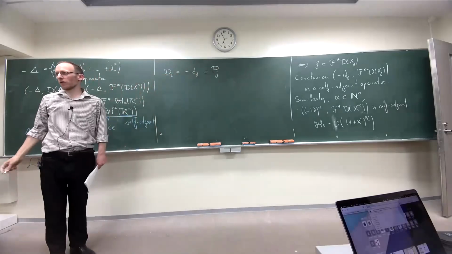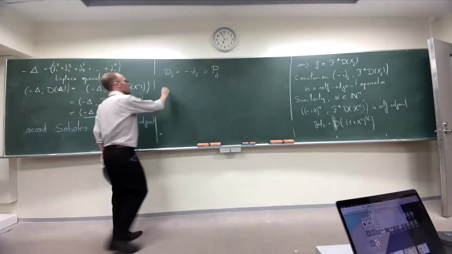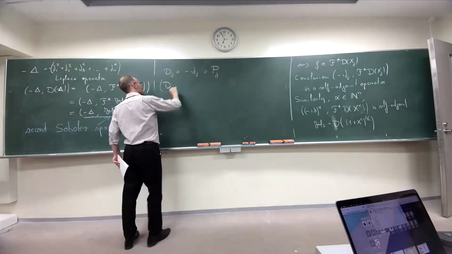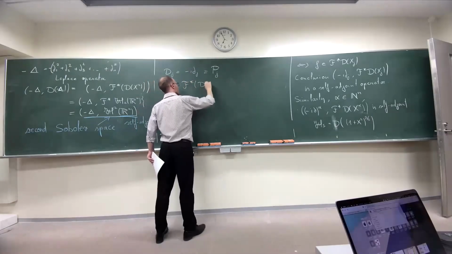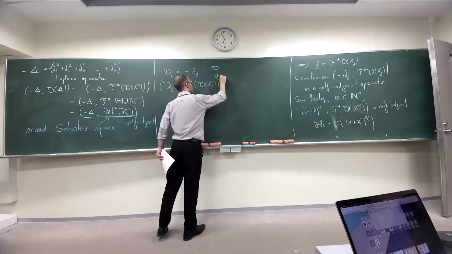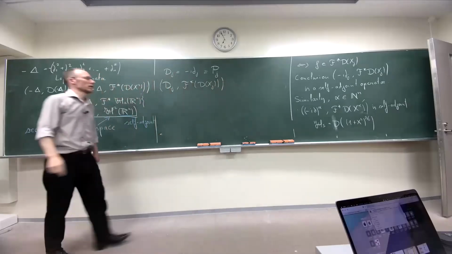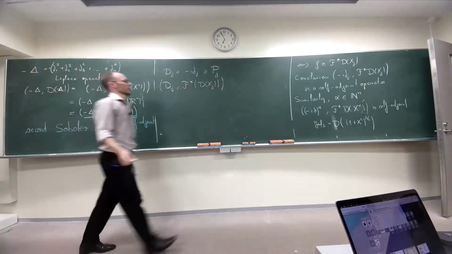There are different names for the same thing. So d_j, with the domain the Fourier transform of the domain of x_j, just multiplication by this variable, is self-adjoint.